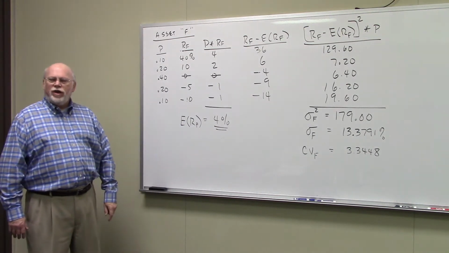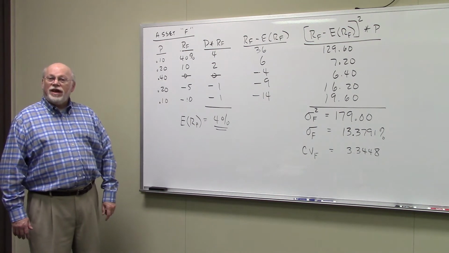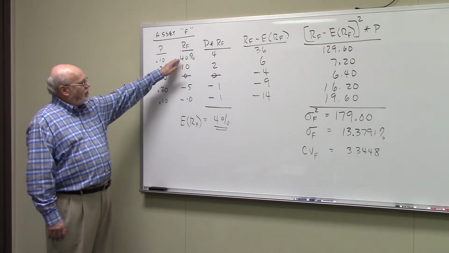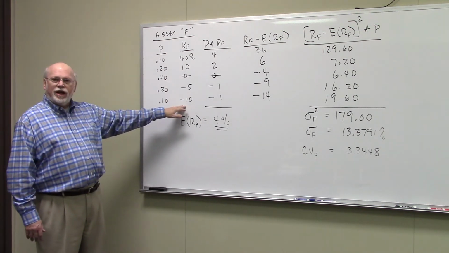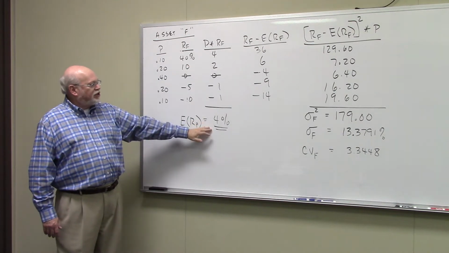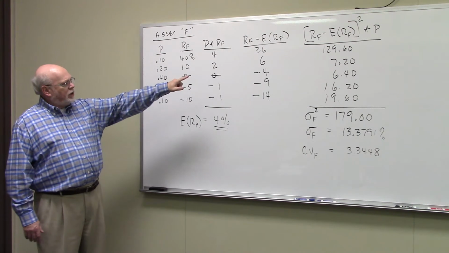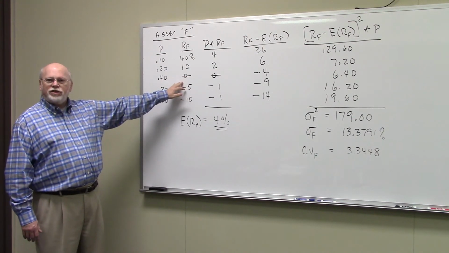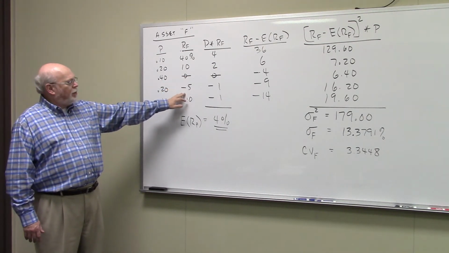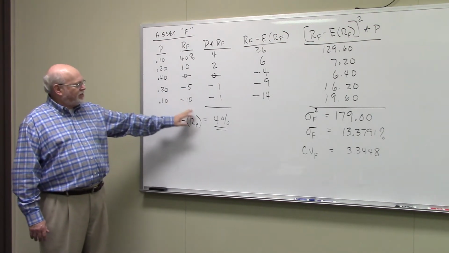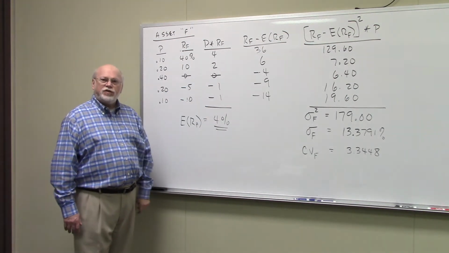The next thing we do now is we calculate the deviations from the mean. Now, deviation is the observation minus the mean. And these are the observations in this column. So 40 minus 4 is 36. 10 minus 4 is 6. 0 minus 4 is -4. -5 minus 4 is -9. And -10 minus 4 is -14.